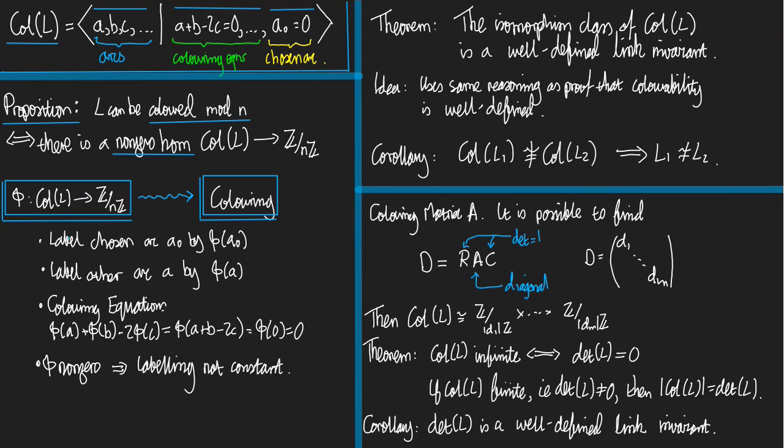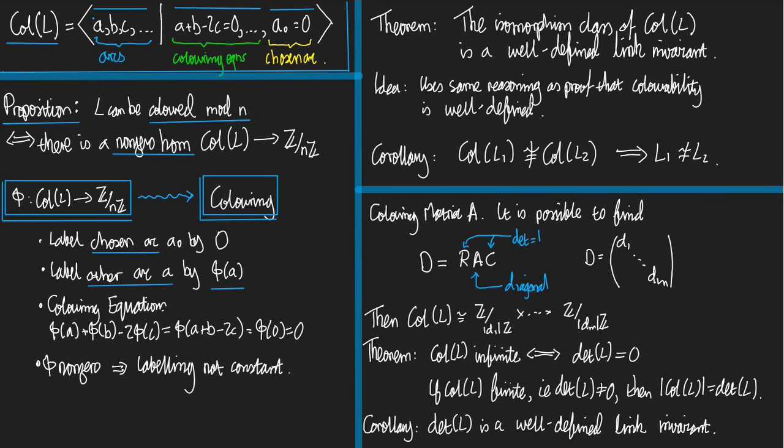So here's what we do. We want to make a colouring. Well, our chosen arc, A0, we label it by, I wrote phi A0, I didn't mean that. We label it 0 in the normal way. So the chosen arc, we label it 0. Next, we label any other arc, A, by phi A. So remember, phi goes from the colouring group of L into Z over nZ.